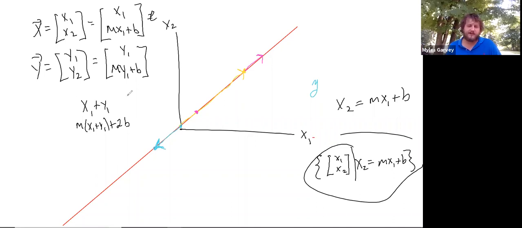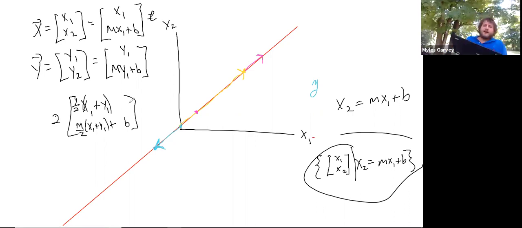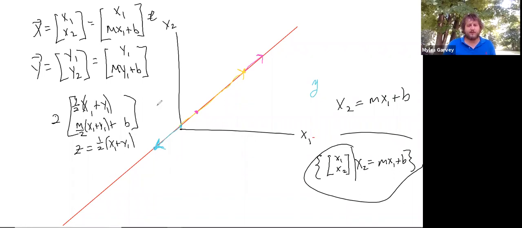So this is my new vector. Take out a 2, so that this is divided by 2 and I have b here. Then if I let z equal 1/2 of (x1 plus y1), I can rewrite that vector, and you'll notice that I have a z here.